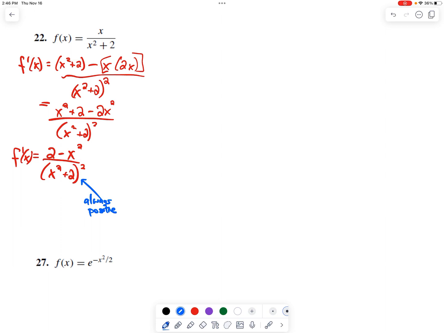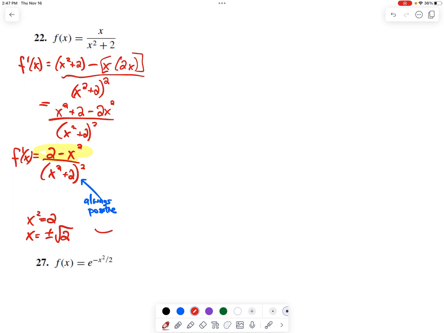There's no place in our real number system where that's going to be 0. So I just need to focus on the upstairs part here, 2 minus x squared. To find out where that is equal to 0, x squared is equal to 2, or x is equal to plus or minus radical 2.